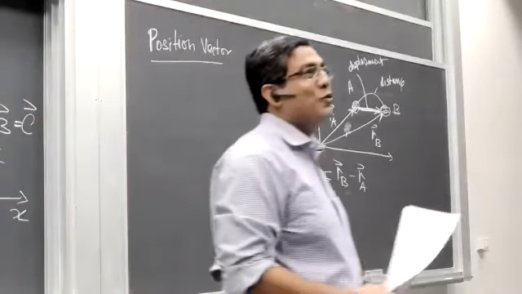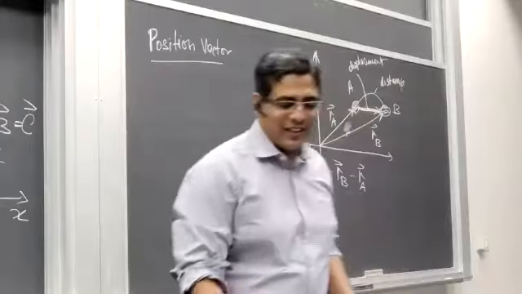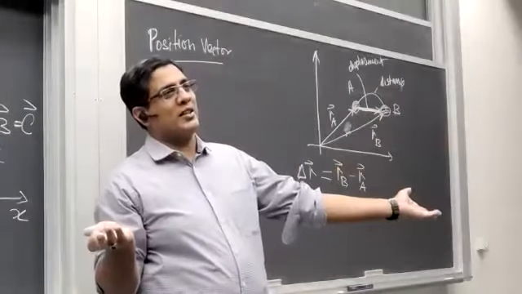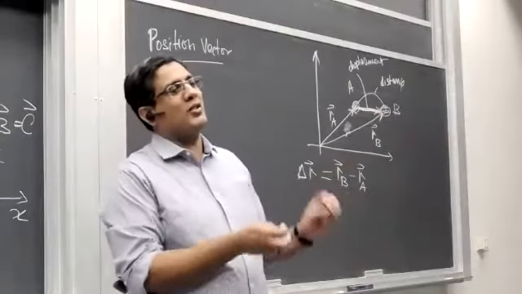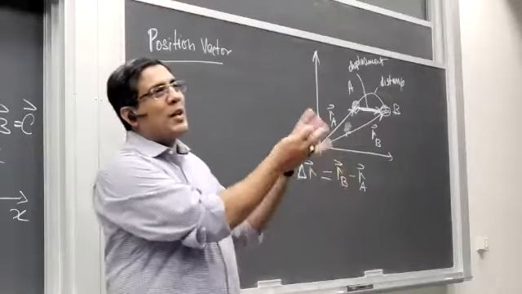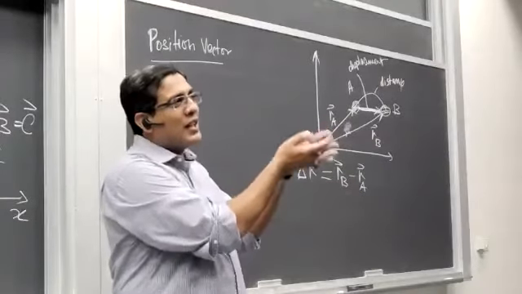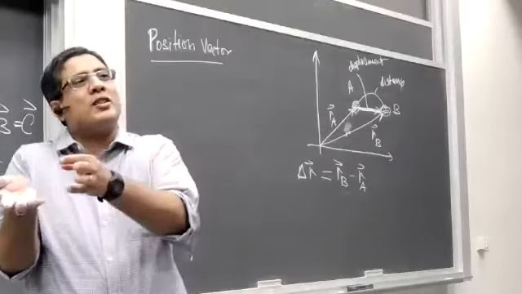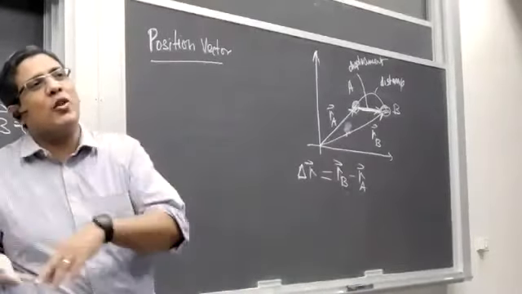What that means is that if we have a vector and two coordinate systems, we should be able to go from the components of the vector in one coordinate system to its components in another coordinate system.